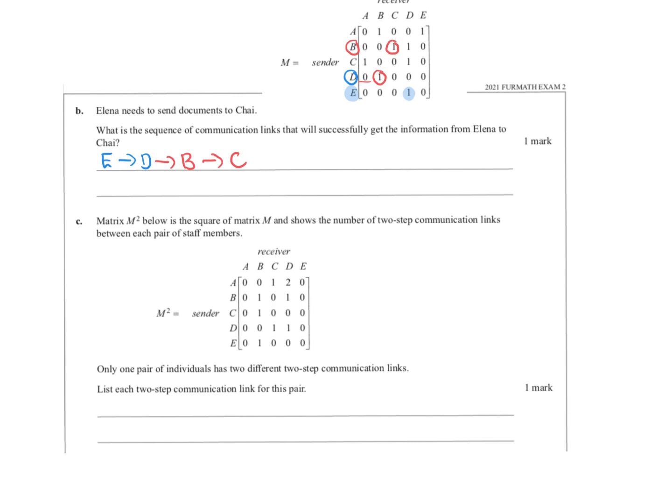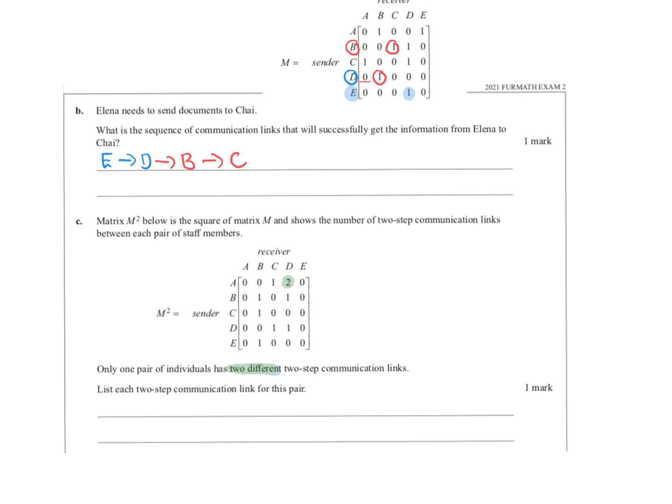And it says the matrix M squared below is a square matrix of M, which shows the two-step communication links between the staff members. Only one pair of individuals has two different two-step communication links. So you're looking for the two. Where's that two?